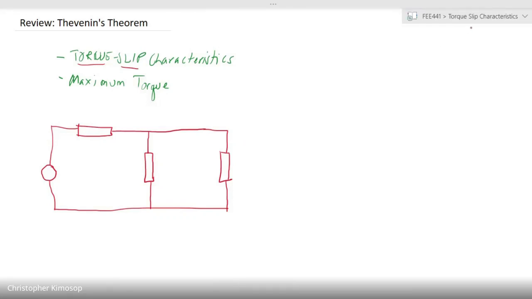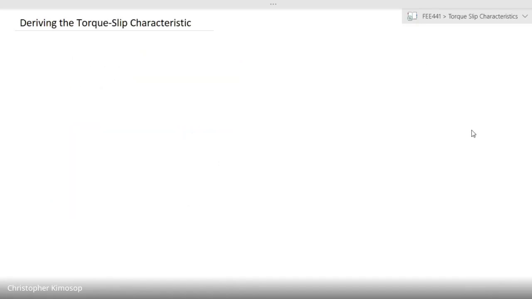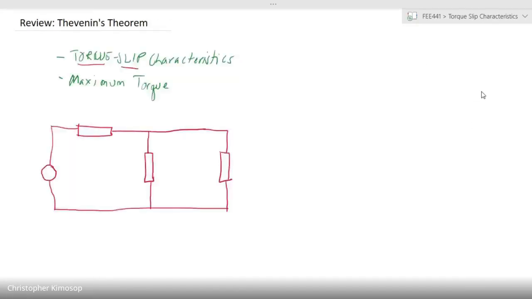Now, when we look at the equivalent circuit for the induction motor, on the stator side we had R1 and X1, which we let be represented here. Let's call that Z1.